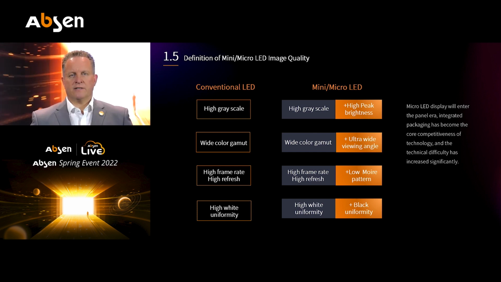A high grayscale had been there with the conventional LED already, and I would add the high peak brightness, for example, to get a good HDR result. For the wide color gamut, which is needed for HDR, we can also add an ultra-wide viewing angle, so that depending on the application, the audience can step a little bit to the side of the LED screen and still enjoy the good picture quality.